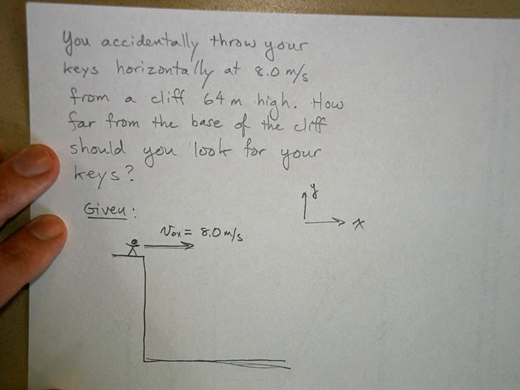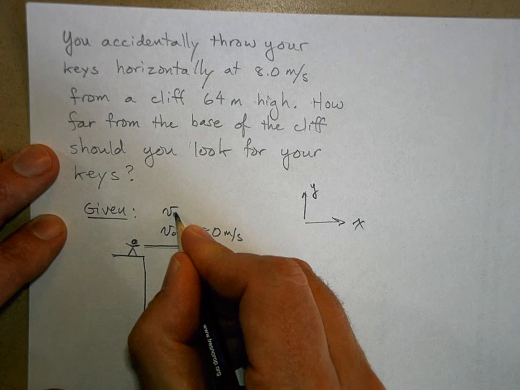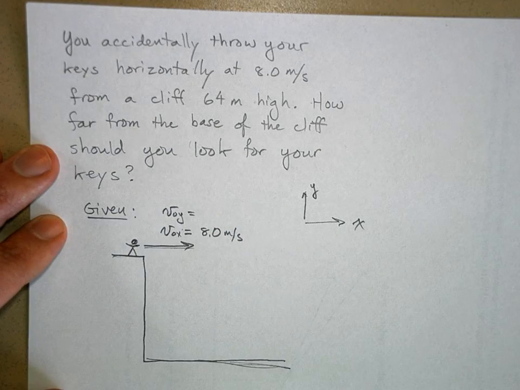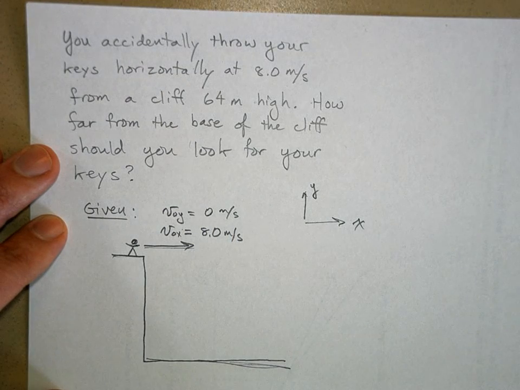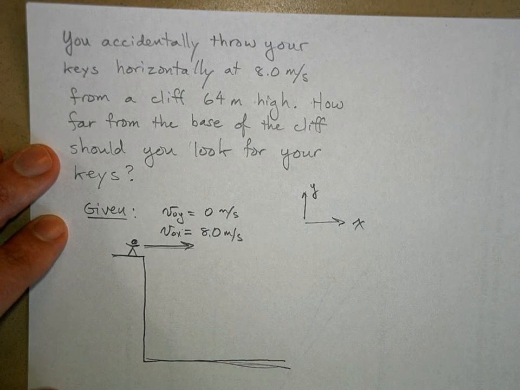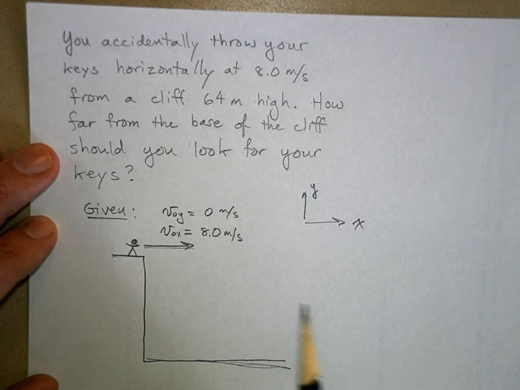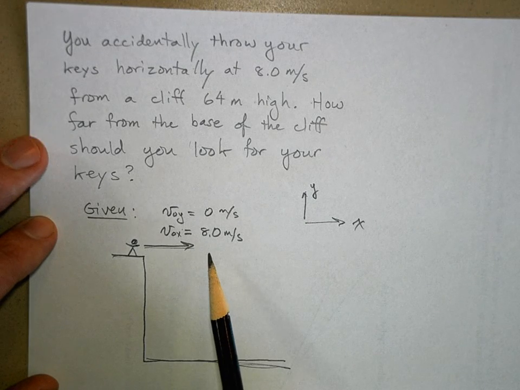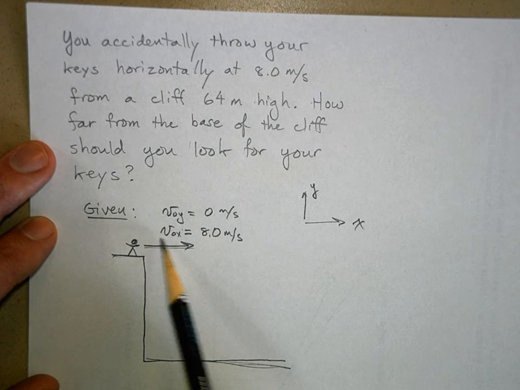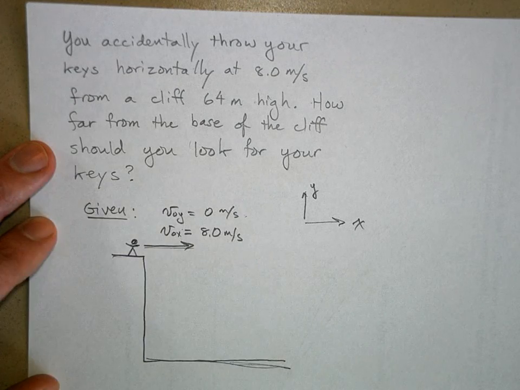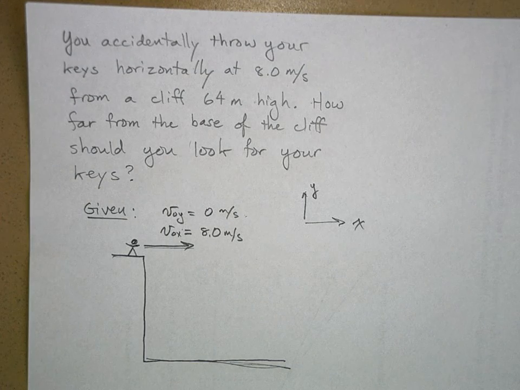If you throw the keys horizontally, what's our initial velocity in the y direction? Zero. So one of the first things you should do when you're given a projectile motion problem is ask yourself, what are the components of the initial velocity? In this kind of problem, the initial velocity is all in the x, and the initial velocity in the y direction is 0.